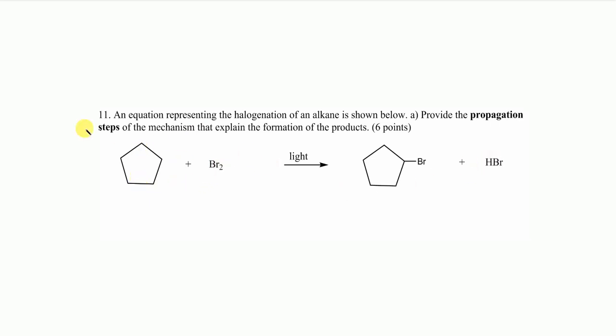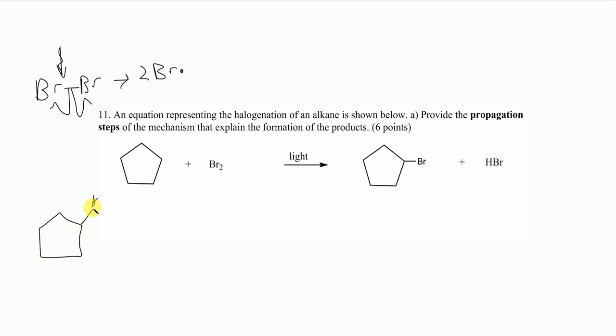Right? So we know in the initiation step, light came and broke this, and I had a half reaction. And I got Br radicals. Okay? And this Br radical, so step 1 of this reaction, okay?